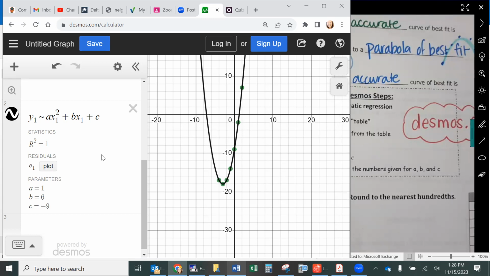So go into the calculator, and then just squiggle this here. Your A should be a 1, B is a 6, and C is a -9. Let me know what we're doing from there. It should be your Y1. Then your squiggle is in the top corner. Then A, then X1.